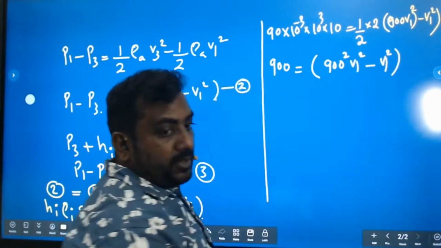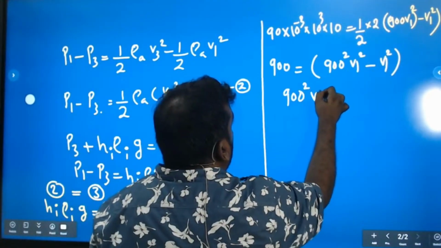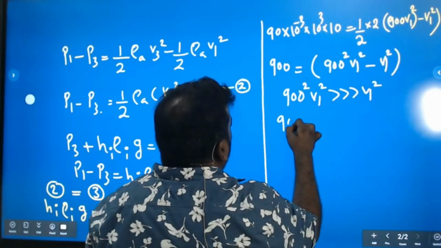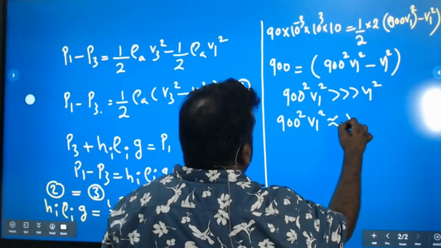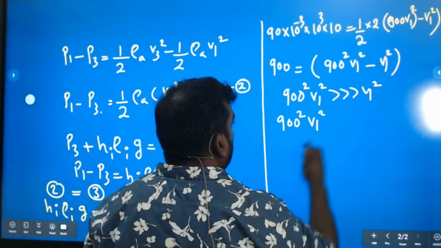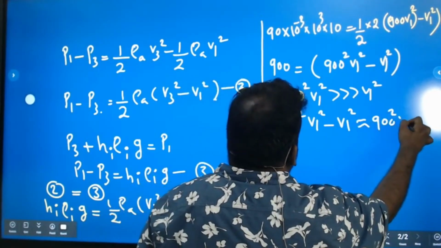Looking at this, 900 squared V1 squared is much greater than V1 squared, so it is approximately 900 squared V1 squared.